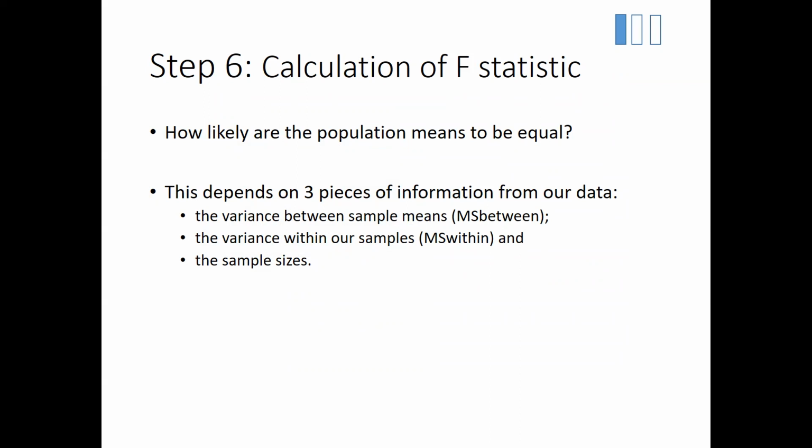Okay. And ANOVA is a test that is affected by sample sizes. The more you've got going on, the more likely the F statistic will be large enough to be considered statistically significant. Okay? The F statistic is like the T statistic or the t-test. Okay? All right.